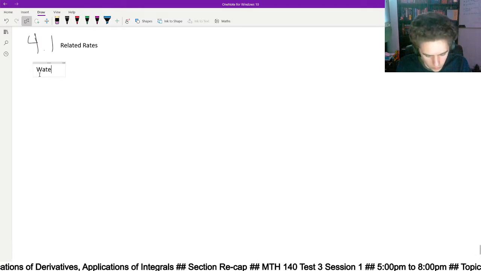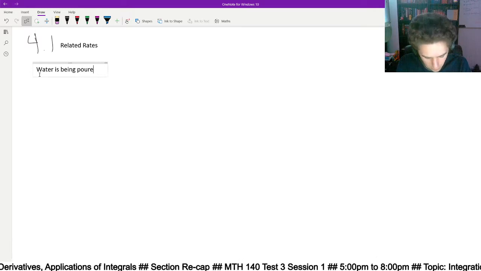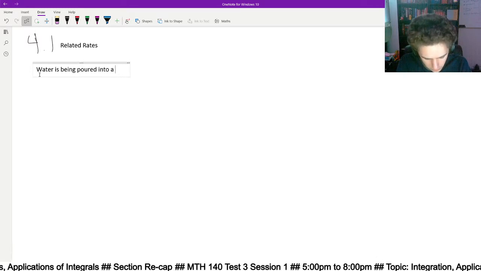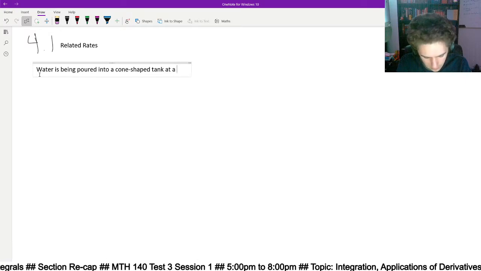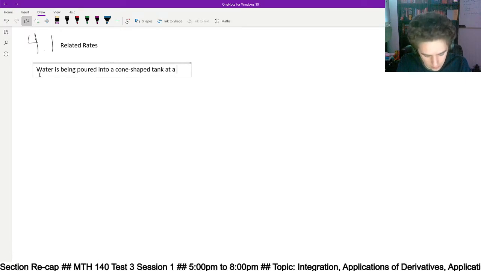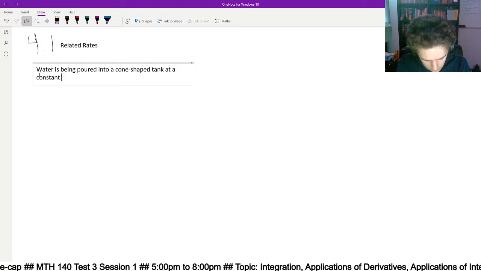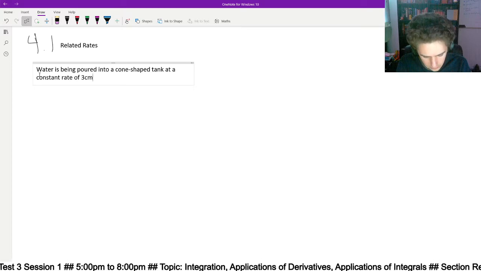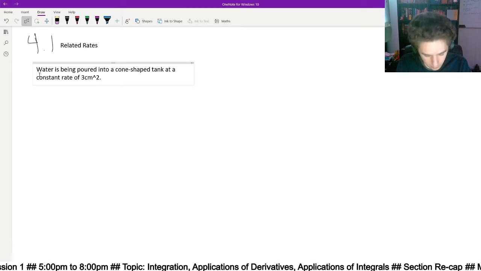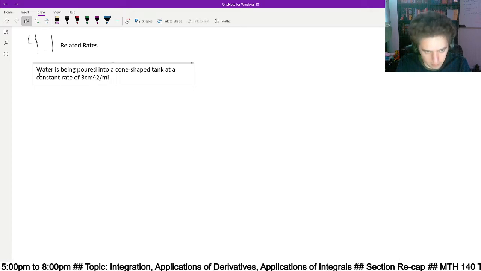Water is being poured into a cone-shaped tank at a constant rate of 3 centimeters cubed per minute.